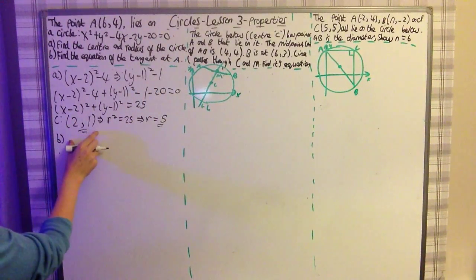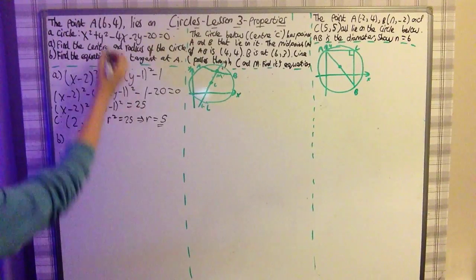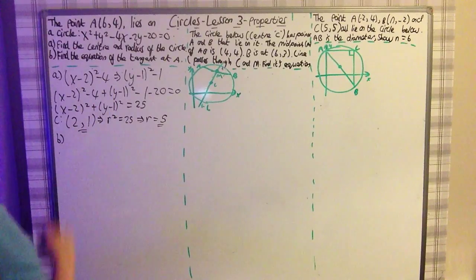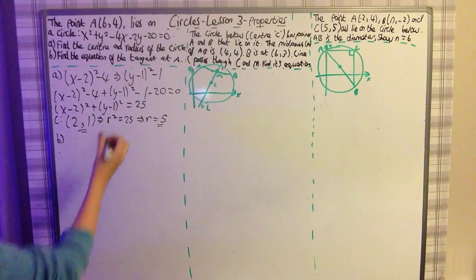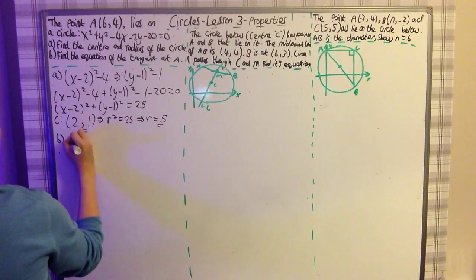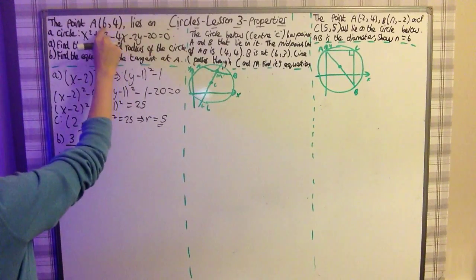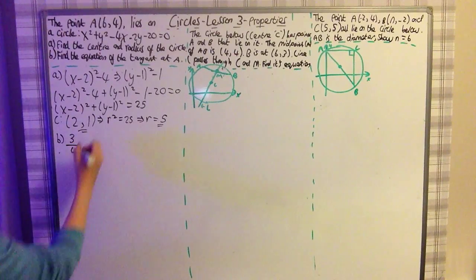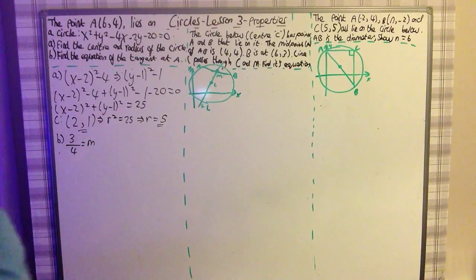So if we find the gradient of the line that goes from the centre to the point on the circumference A, then we just do y2 minus y1 divided by x2 minus x1. We do 4 minus 1, which is 3, divided by 6 minus 2, which is 4. So 3/4 is our m, our gradient.